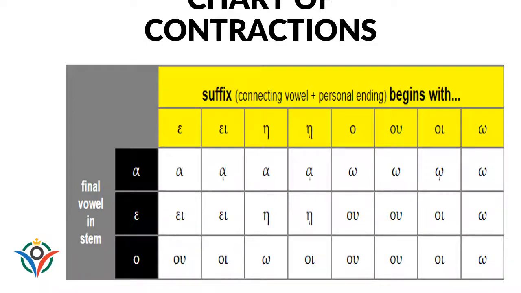And so that is why I've taken the time to go through the rules of contraction with you. And so I really want to encourage you to learn those rules and to learn them well. But this chart of contractions is a summary of all the rules that we've spoken about. So I want to just practice using this chart with you.